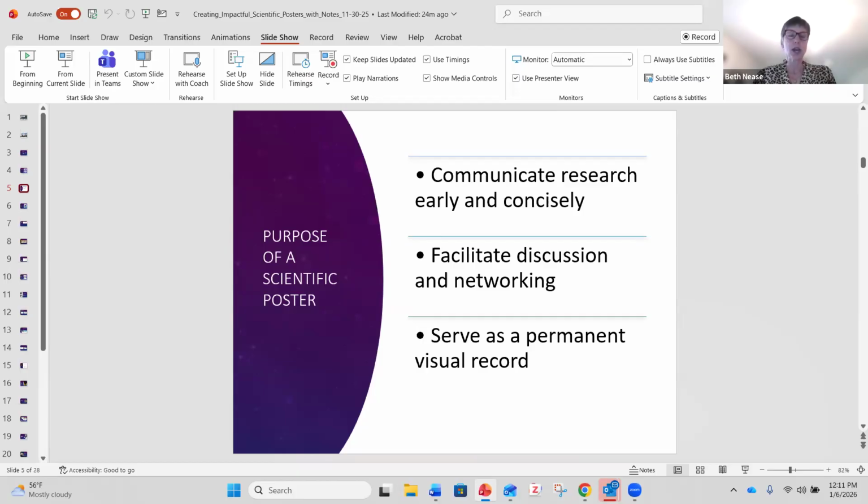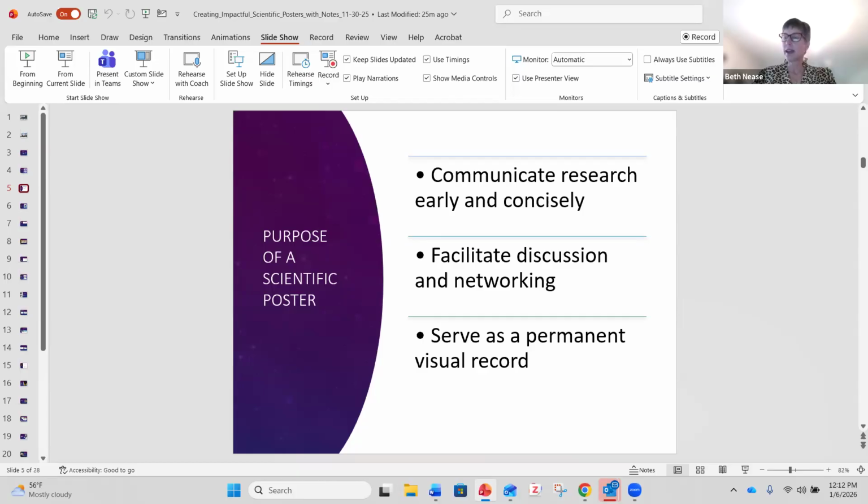And so posters are a great way to engage with a scientific audience and to have early conversations about your findings, your next steps. Posters really help to facilitate a discussion and networking with other researchers that may be doing similar work. And it also serves as a permanent visual record of your work prior to the opportunity that you may have to publish.